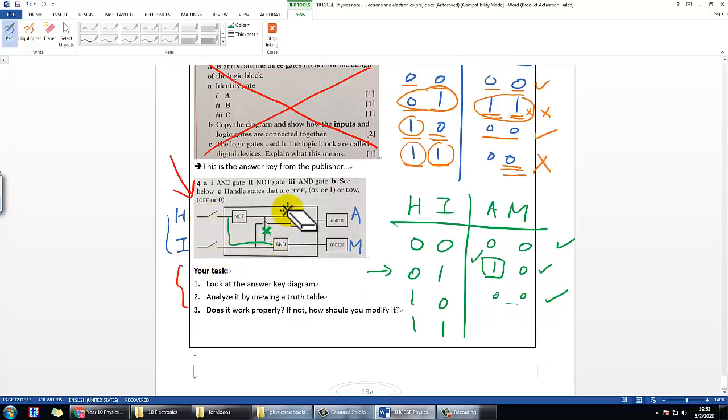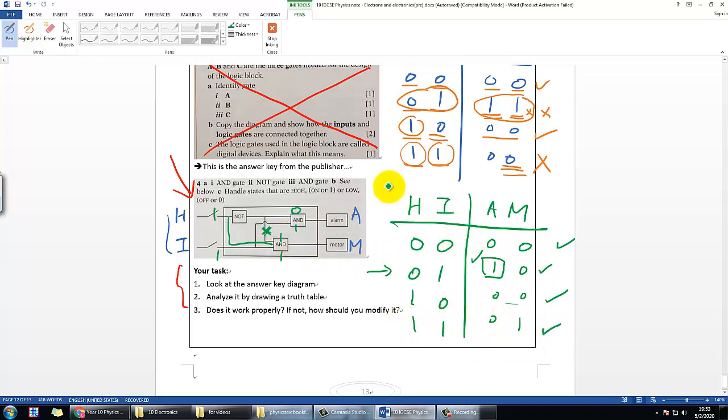Lastly is when you drive the car, so 1 and 1. 1 gets copied here, 1 copied here, 1 copied here, and 1 reversed becomes 0. So the alarm is 0, and 1 and 1 become 1. Okay, so this is perfectly fine.